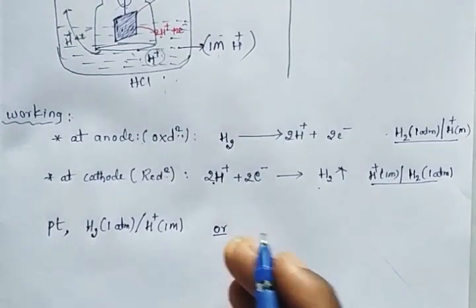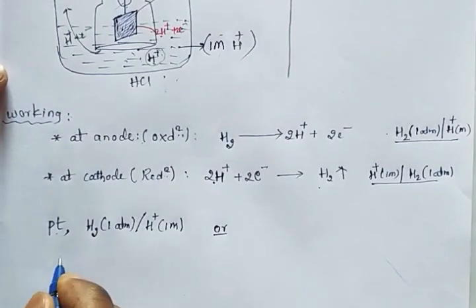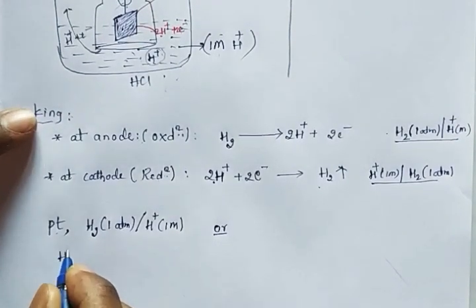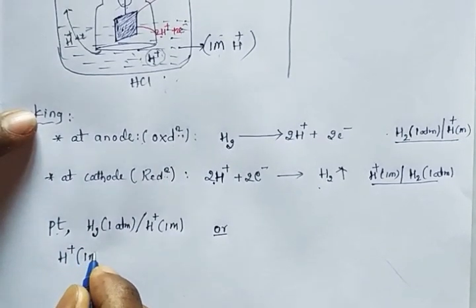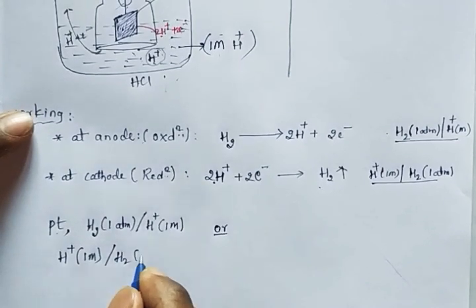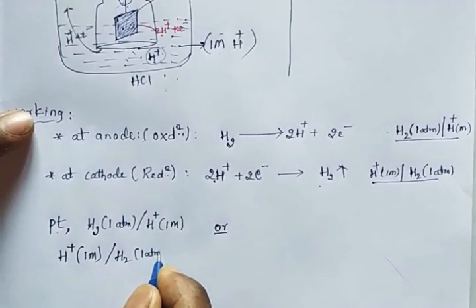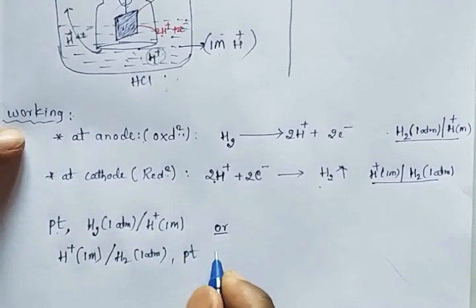Similarly, or it can be represented by, अगर ये राइट हैंड साइड में कनेक्ट किया तो राइट हैंड साइड में प्लैटिनम फर्स्ट नहीं लिखना. So if it is connected to the right side, then first write H+ in bracket its concentration slash H2 gas 1 atmospheric pressure, comma, platinum is the electrode.